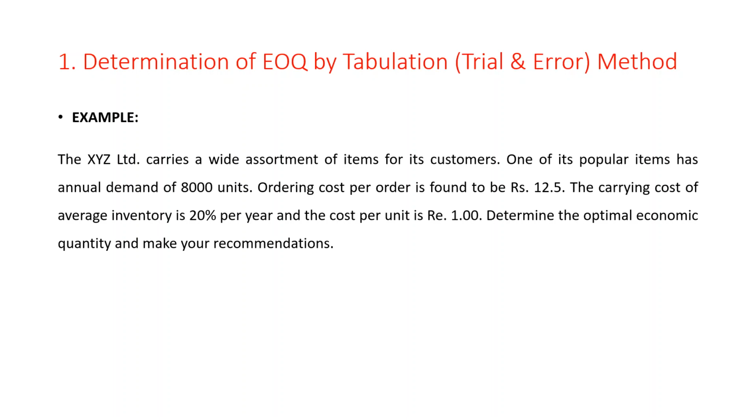The problem is: XYZ Ltd carries a wide assortment of items for its customers. One of its popular items has an annual demand of 8,000 units, the ordering cost per order is rupees 12.5, the carrying cost on average inventory is 20% per year, and the cost per unit is rupees 1.